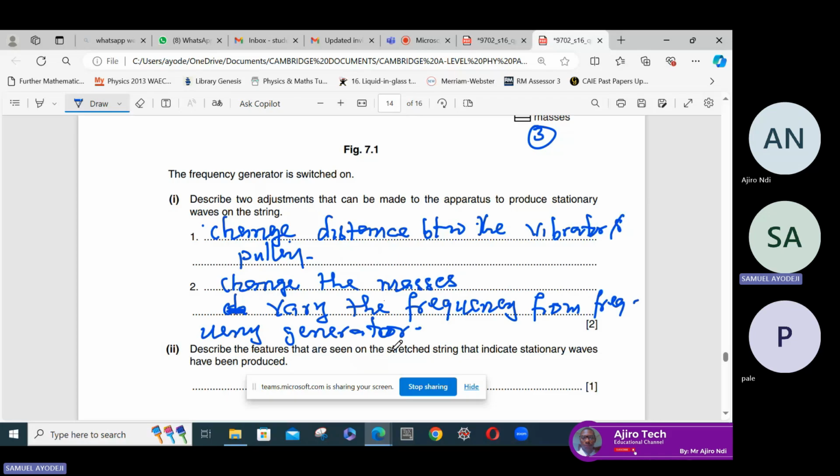Two, change the mass. Three, change the distance between the vibrator and the pulley. These are the three possibilities. Any two. Is that okay? Yes, sir.